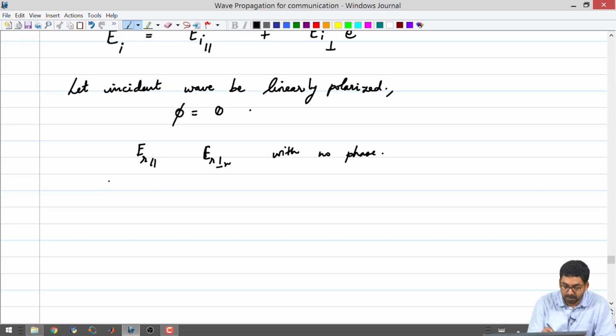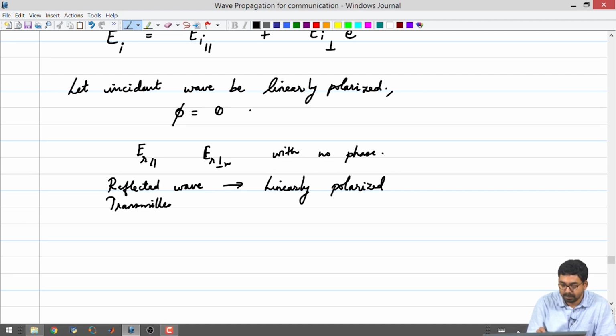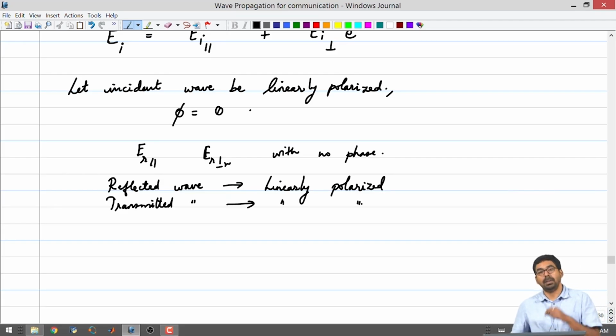Right. So, reflected wave is linearly polarized, transmitted wave is also linearly polarized, right.